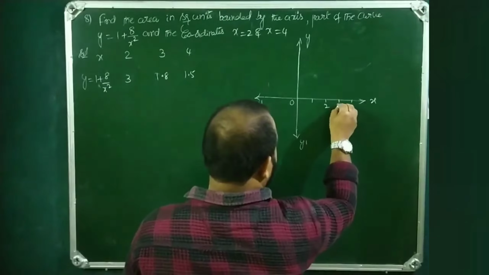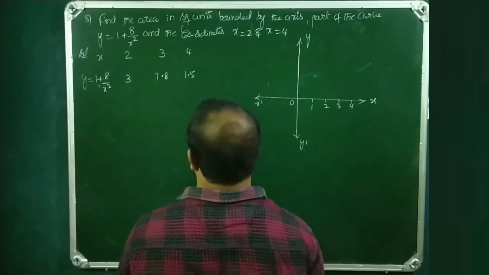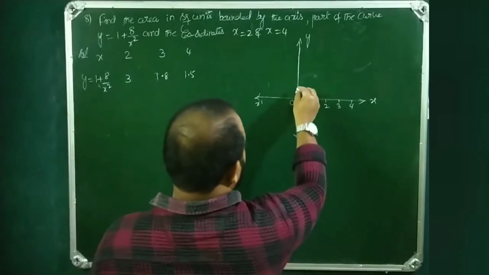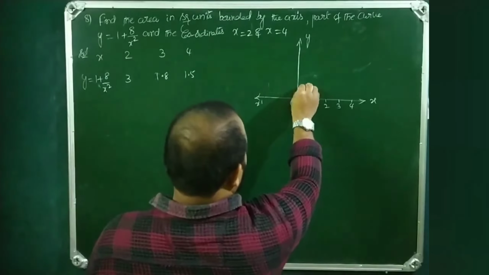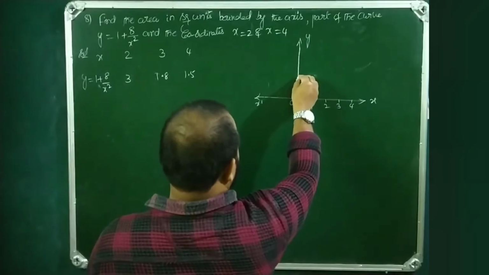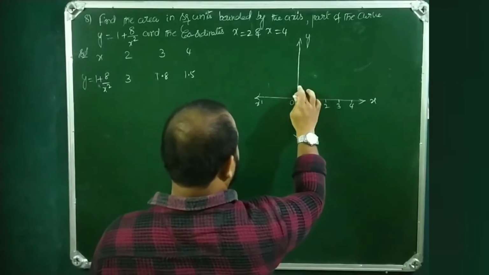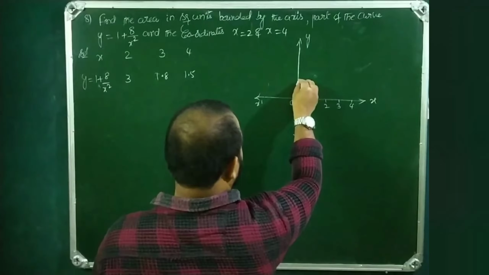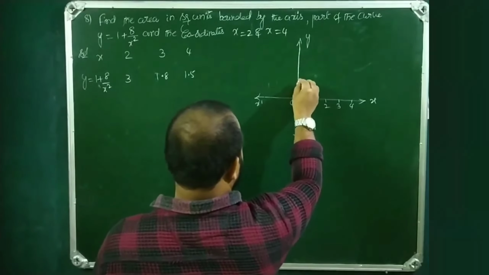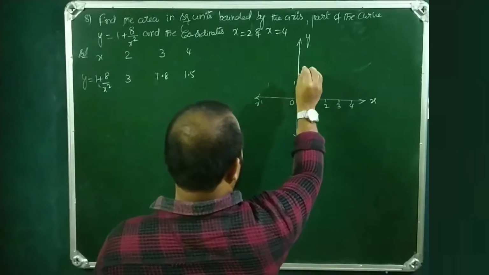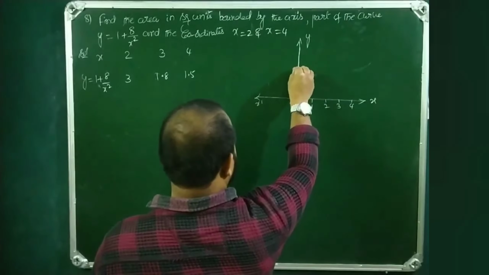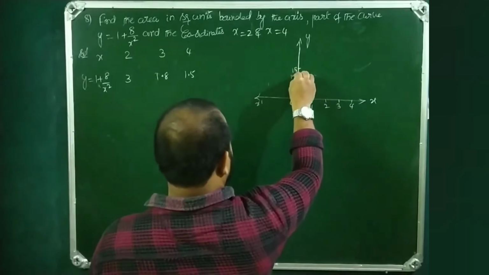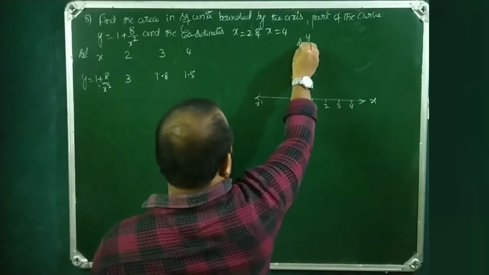And this is 1, this is 1.5, this is 1.8, and somewhere here 3.